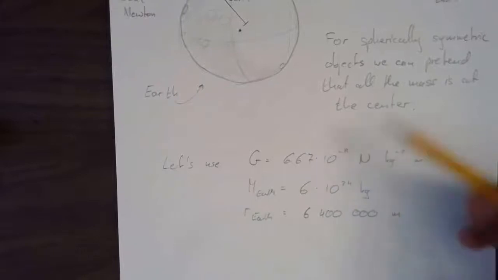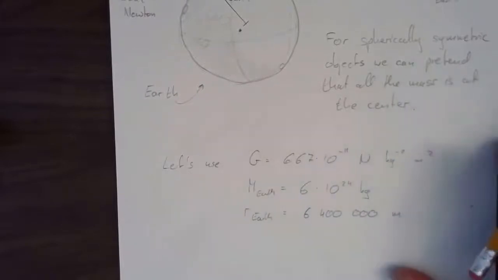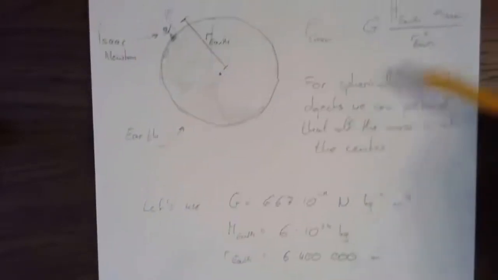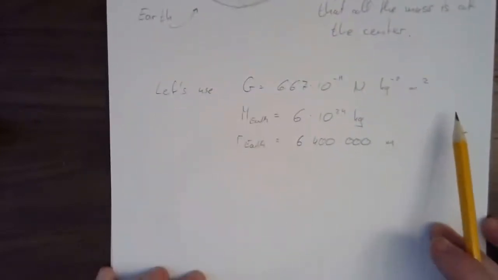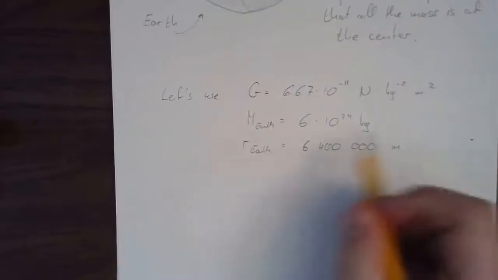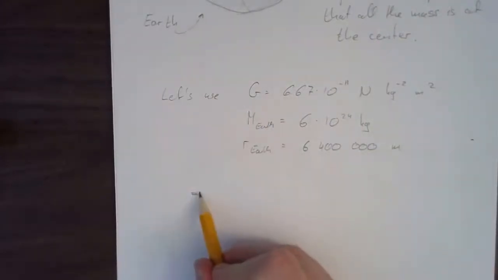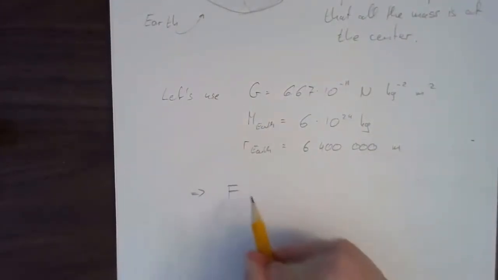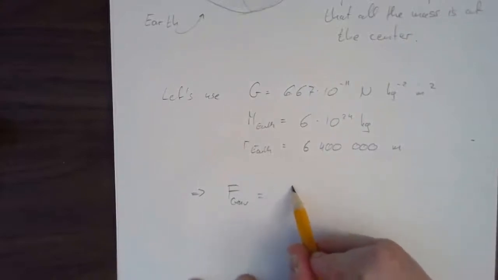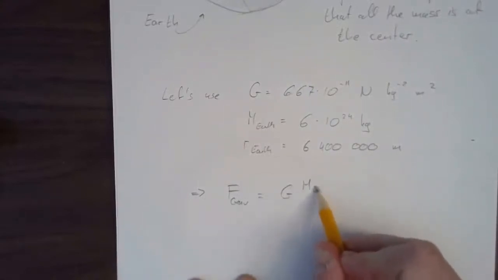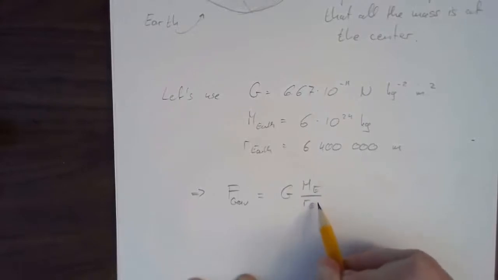And you take those values and, just right now, pause the video. Pause the video, plug in those values, get out a calculator, and work it out. What you're going to find is this. The force of gravity on Sir Newton is, let's write it down again, G, mass of the Earth, divided by the radius of the Earth squared.